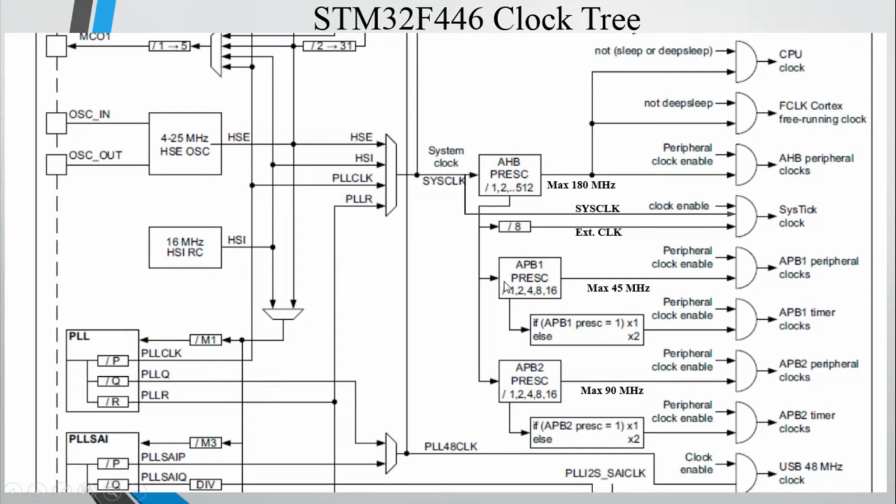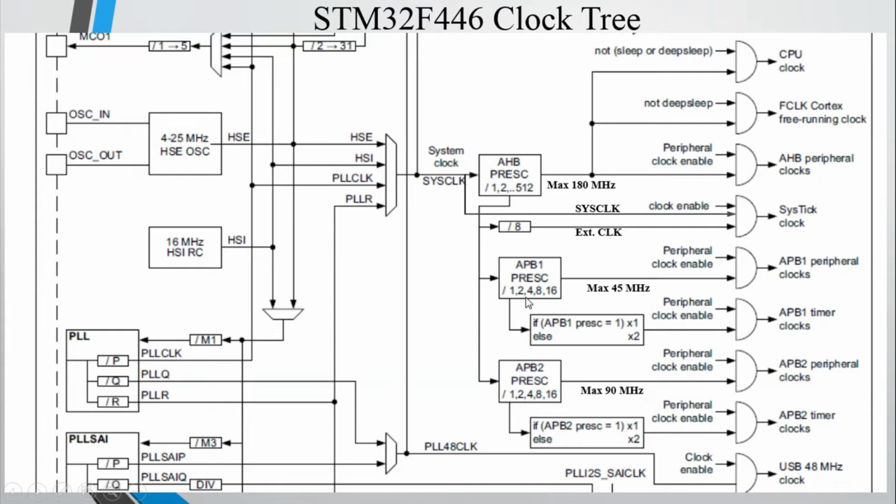By configuring the APB1 prescaler, you are configuring the APB bus clock. As I have told for the AHB prescaler, the APB prescaler is also dividing the clock. APB1 and APB2 prescalers divide the clock generated from the AHB prescaler by these values.